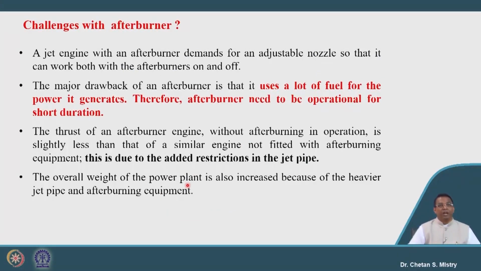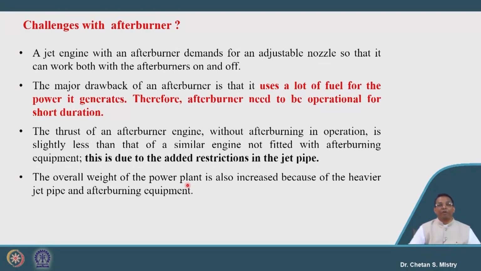If we look carefully, when we incorporate the afterburner, my nozzle needs to be an adjustable nozzle, because we will operate the afterburner for a short duration. Most of the time the afterburner will be unoperational, so firstly we need to have our nozzle variable.